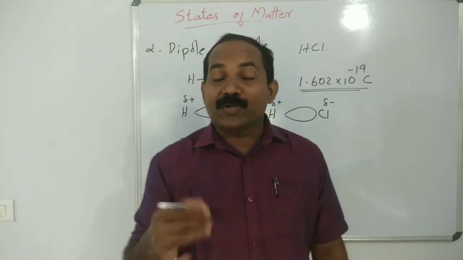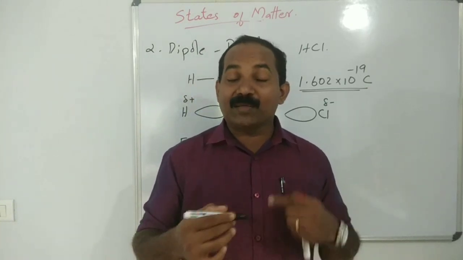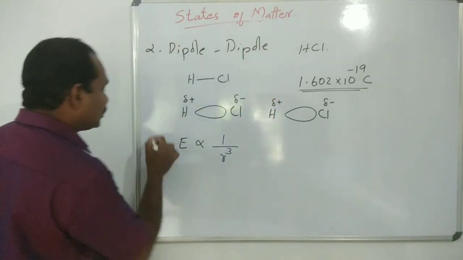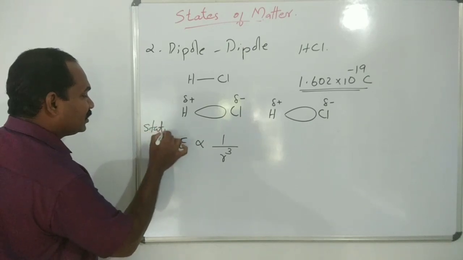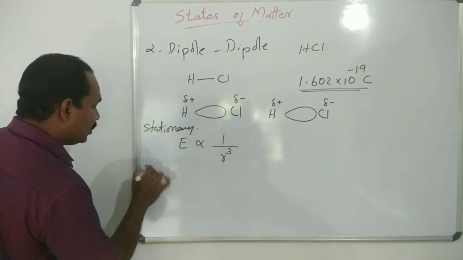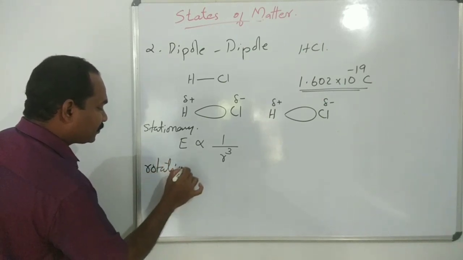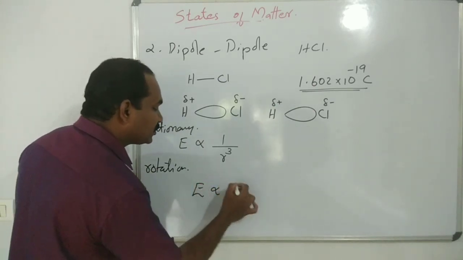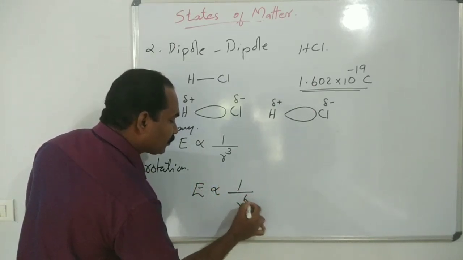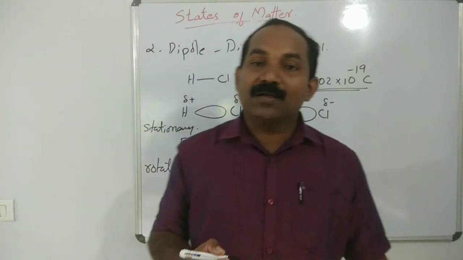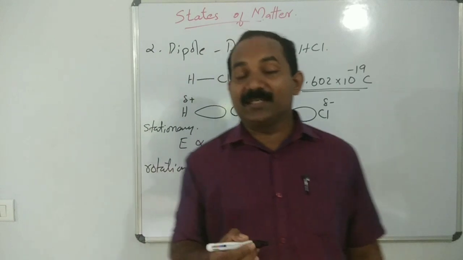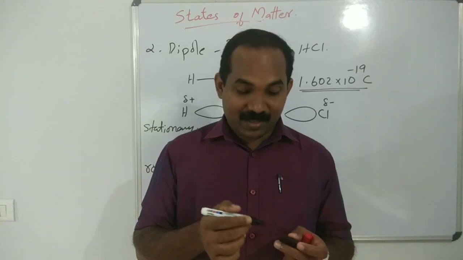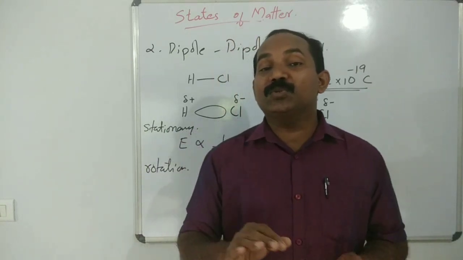But in the rotation state, when the molecule is not stationary and rotates, the energy is directly proportional to 1 by r raised to 6. We can say the interaction energy is inversely proportional to the 6th power of the distance between the two dipoles.